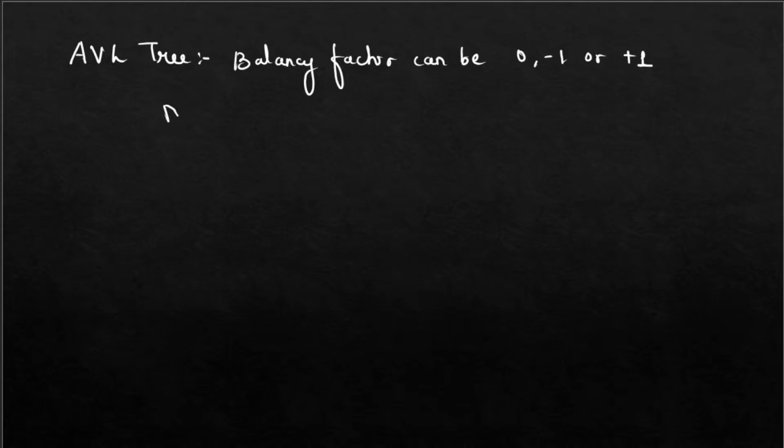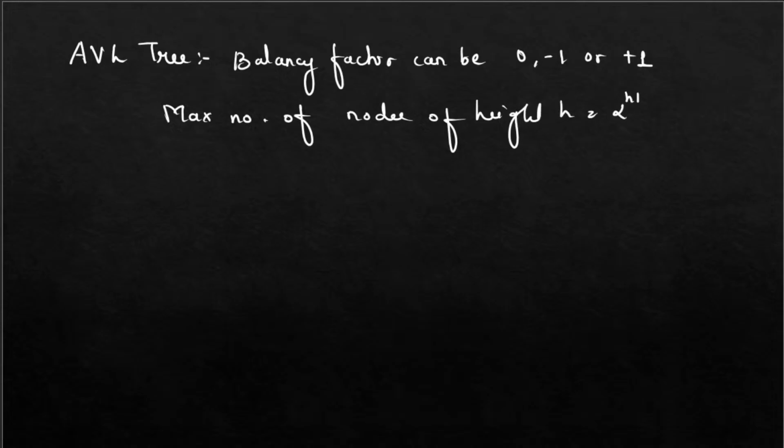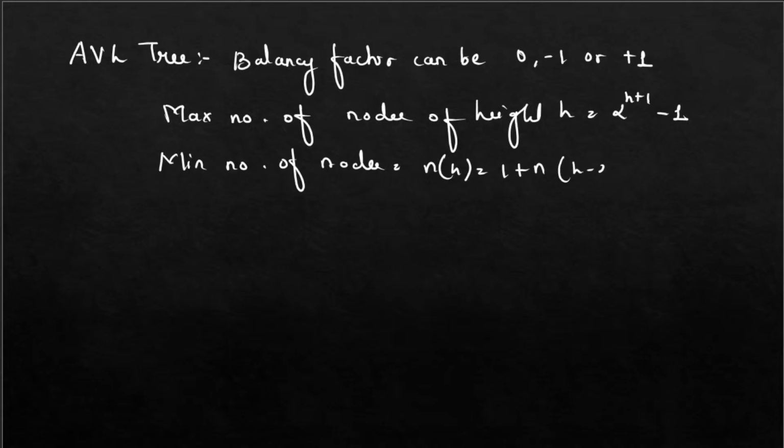The maximum number of nodes of height h is 2^(h+1) minus 1, and the minimum number of nodes is N(h) equals 1 plus N(h-1) plus N(h-2). Okay, now this was AVL tree.